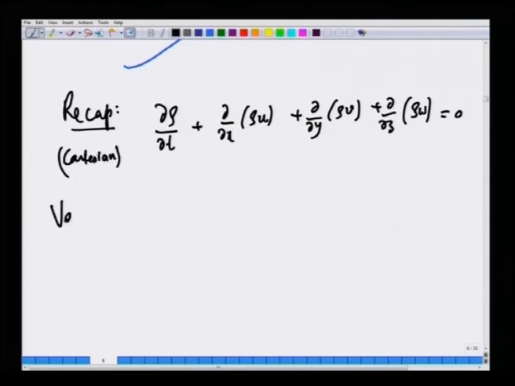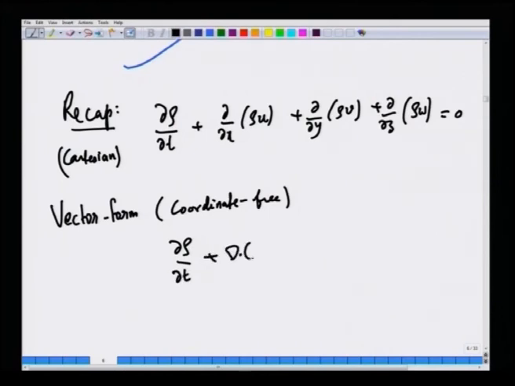Now, we can also write this in vector form, which is coordinate free. That is, the nature of the equation in the vector form is independent of the coordinate system you choose to work with. It is always the same. It is also called the abstract form: d rho dt plus del dot rho v is 0.